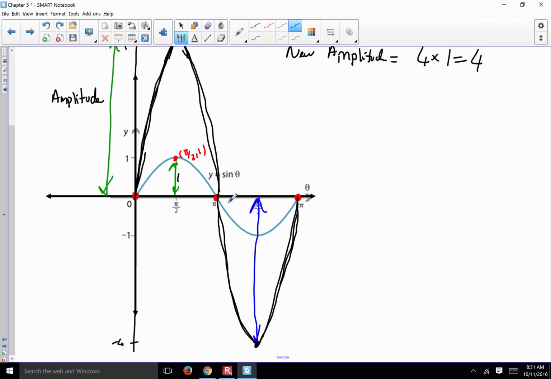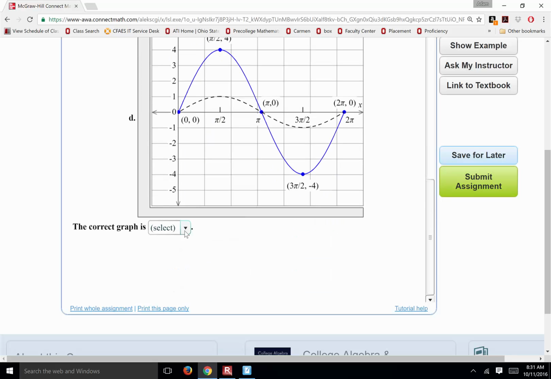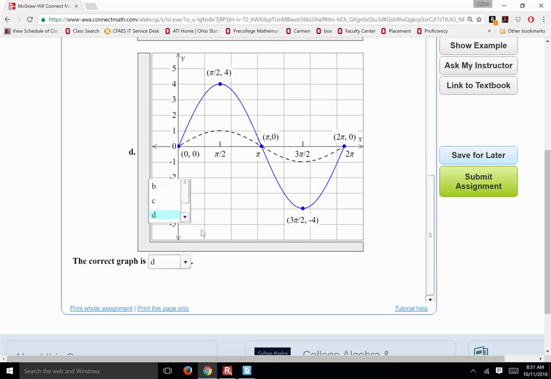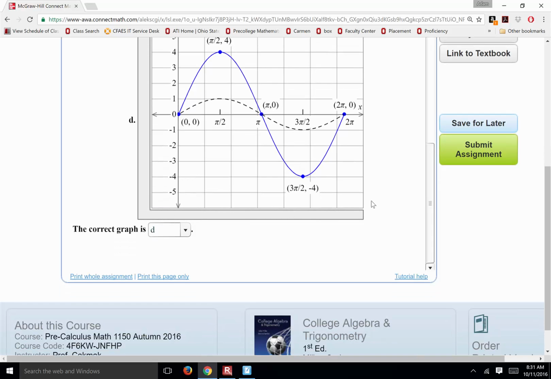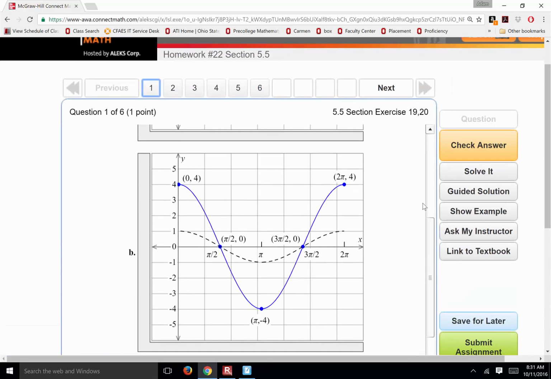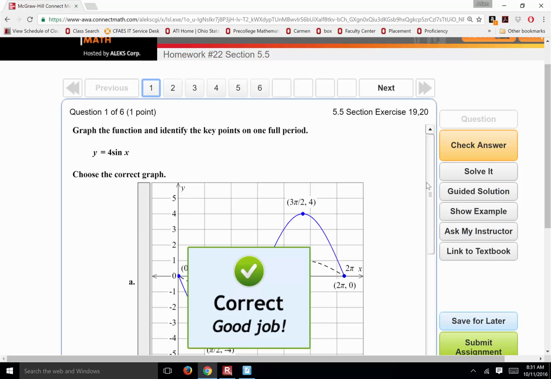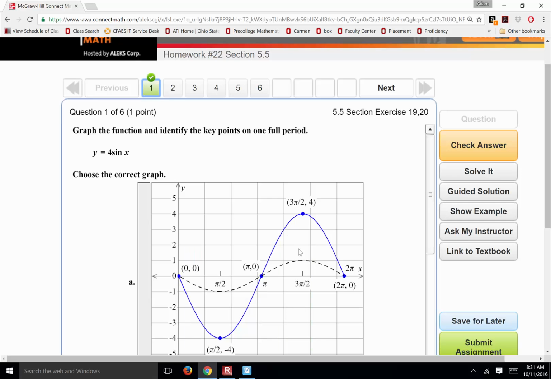Our picture is going up, so this is option D. Because in later questions you don't have these options, you need to do more work and decide other things. So always do the paperwork first, then choose the right option.